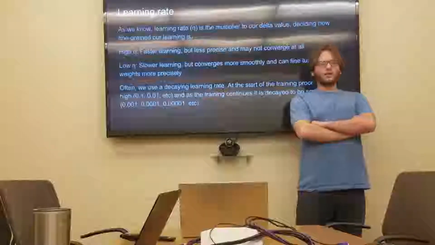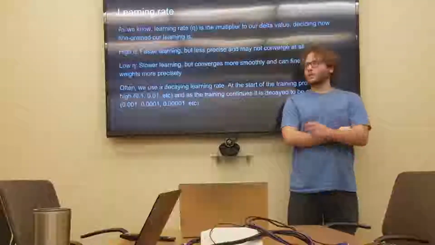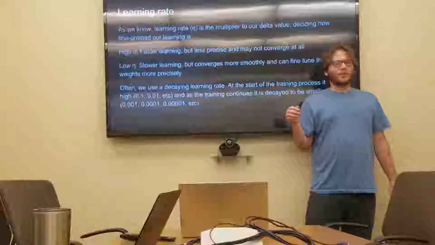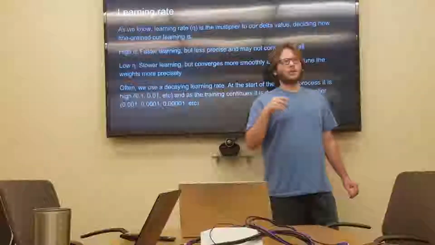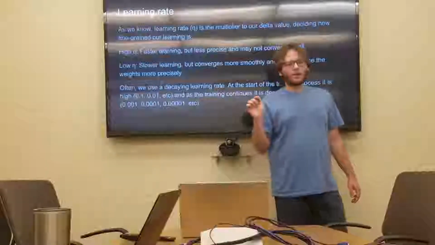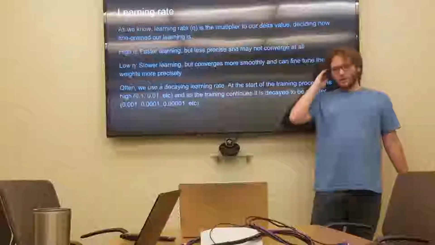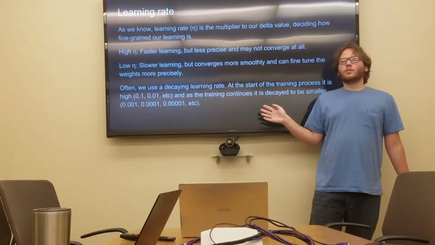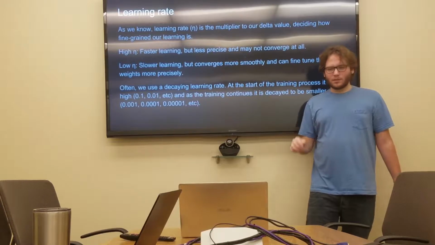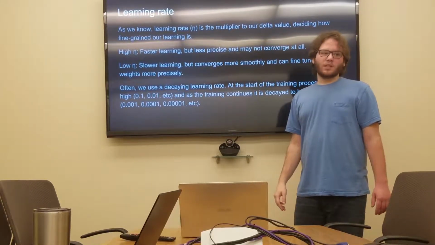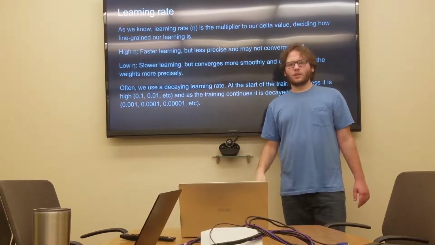So a lot of the time, what's going to end up happening is you'll use a decaying learning rate, where it'll start at a higher value, and as the neural network learns more and more, it'll eventually switch to a lower value and decay over time. There are other things you can do besides this, but this is the most commonly used option, or just setting a specific learning rate.